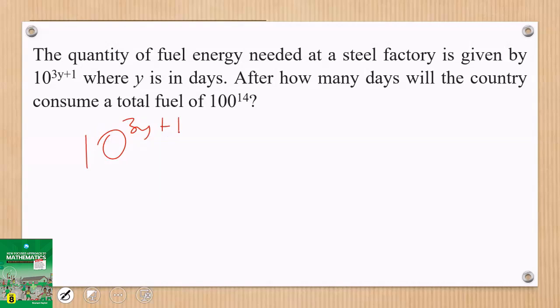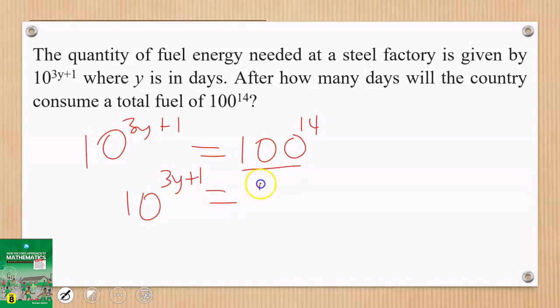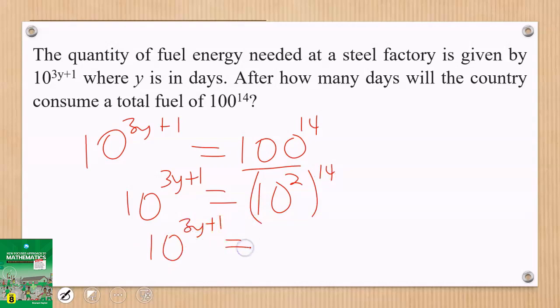After how many days will the country consume a total fuel of 100 to the power 14? So we can have this as 10 to the power 3y plus 1, and this 100 to the power 14. 100 can be written as 10 to the power 2, then all to the power 14. I can maintain this one as this, and then this will be 10 to the power 28.